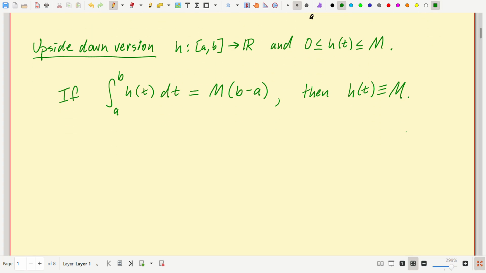Of course, the proof would be to apply the lemma, replacing h by m minus h in the first version.